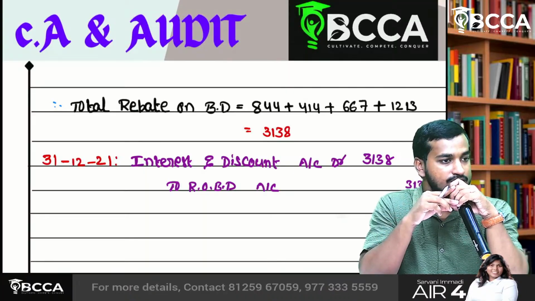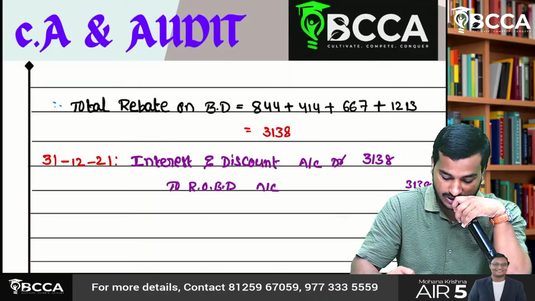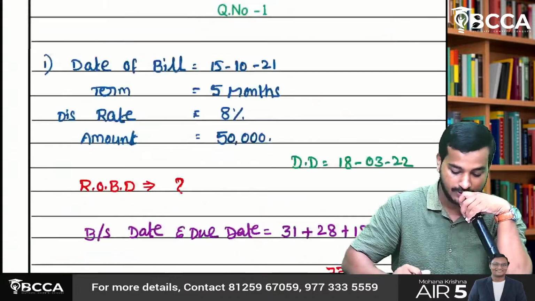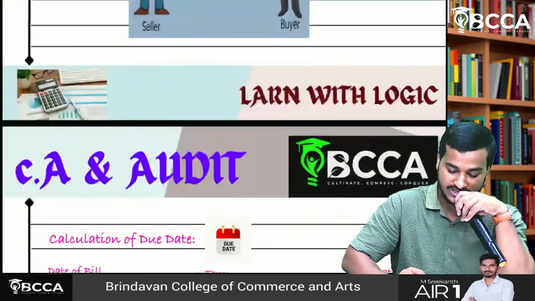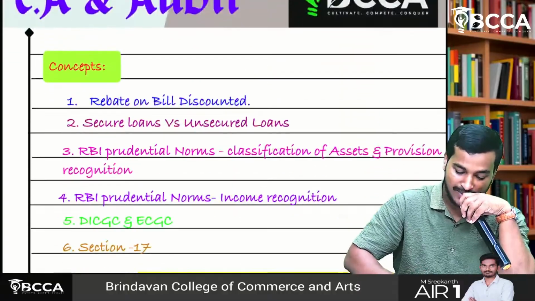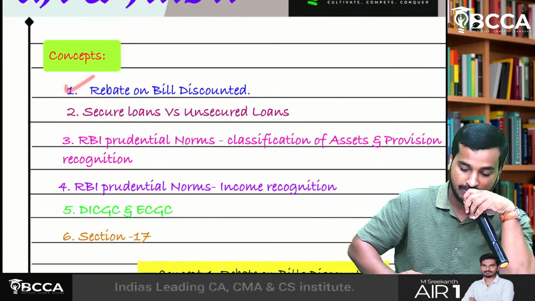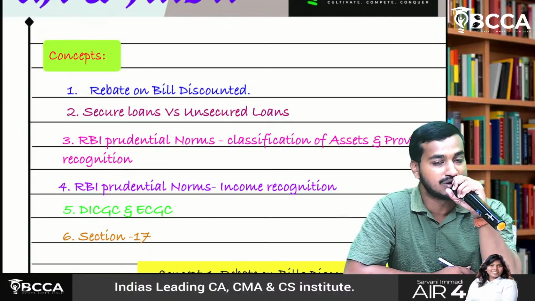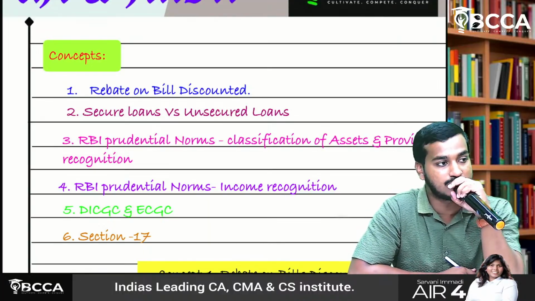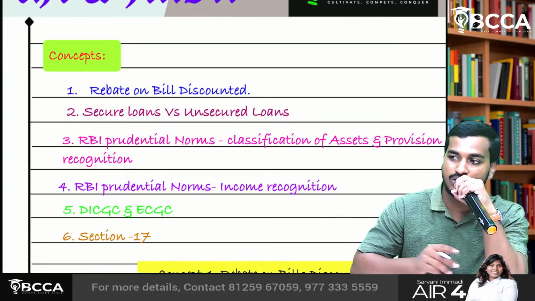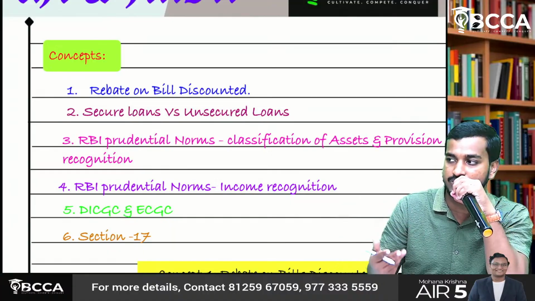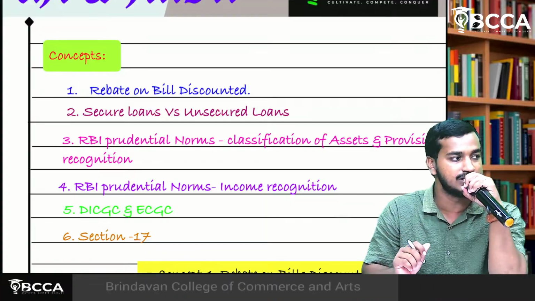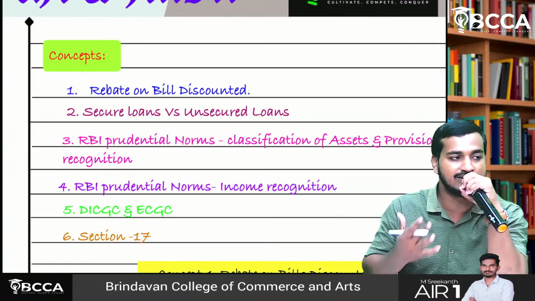Completed now? So with this, we successfully completed concept number 1. I think all of you are perfect with concept number 1. If the examiner picks a question from this concept, every one of you should answer it with 100% accuracy. Maximum they can change the numbers or the interest rates, nothing more than that.